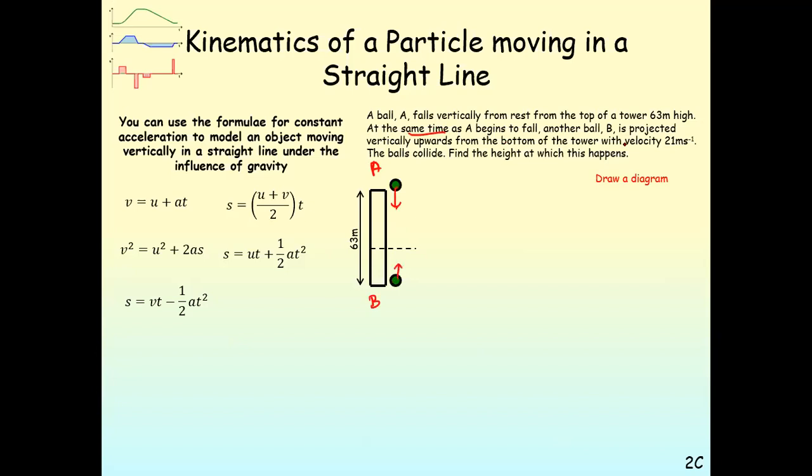Same time means that for A, u equals 0, and for this one there is a u. Upwards vertically, velocity 21. So that velocity is 21. Now the acceleration over here is 9.8. The acceleration over there equals negative 9.8.